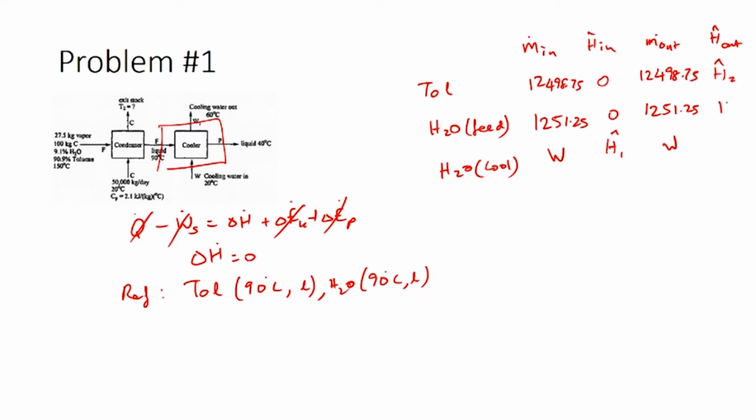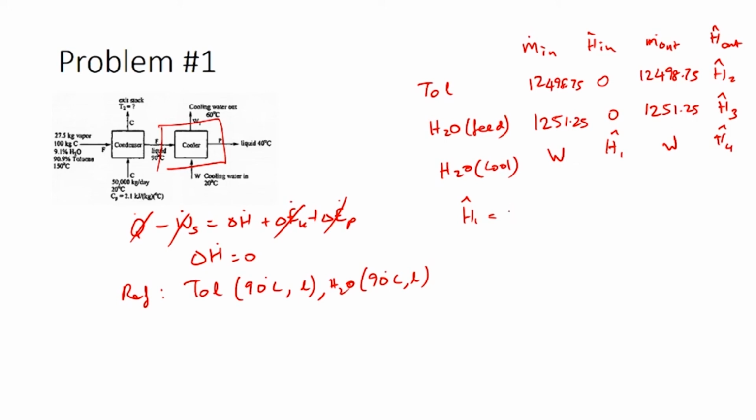So, we would have to calculate 4 different enthalpies here. However, there is no phase change, so we would not have to build any hypothetical paths, we just have to account for change in temperatures. H1 cap is water liquid at 90 degrees Celsius, the reference state, being cooled to the cooling water condition, water at 20 degrees Celsius.